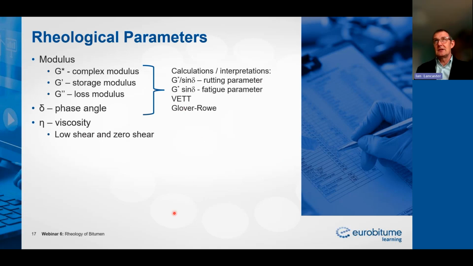We can also determine things like the viscoelastic transition temperature, the temperature at which bitumen moves from behaving in a predominantly viscous way to a predominantly elastic way. And then there are some sophisticated calculations that we can do. For example, a parameter called the Glover-Rowe parameter, which allows you to calculate the cracking tendency of bitumen.